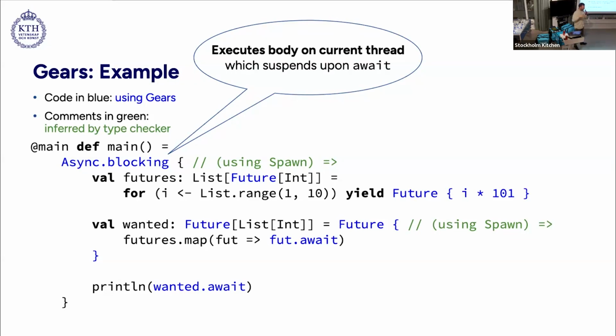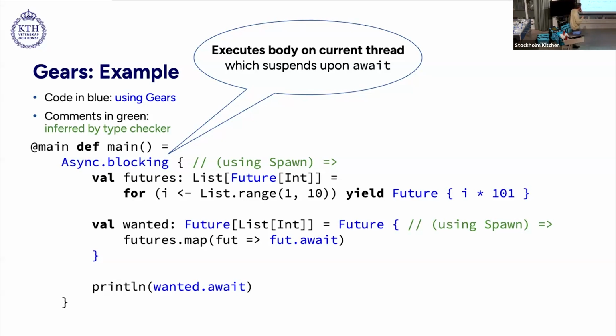And that means we're allowed to spawn a future, so create a new future. And Spawn is a capability which also supports suspending, so we can also use await, for example. So this is quite nice. Within this block, we can create new futures like this. And if you spawn a future, the body here, again, the compiler will add this context parameter.